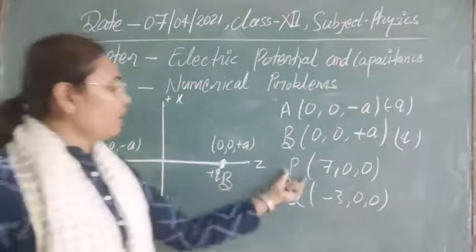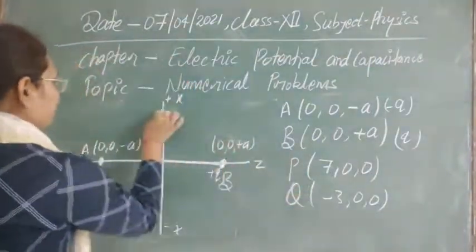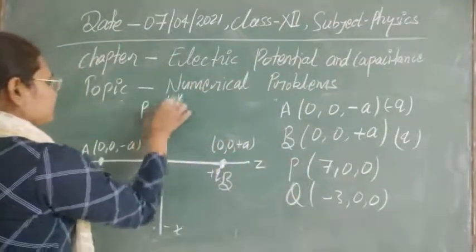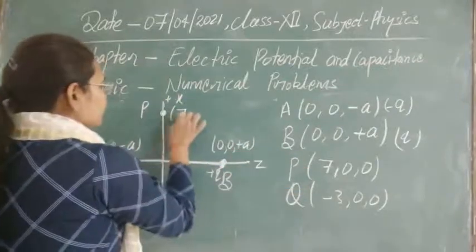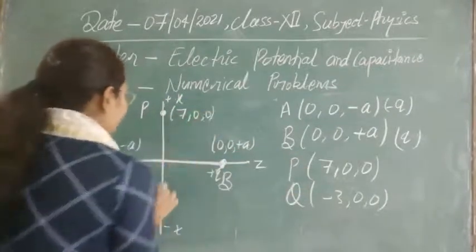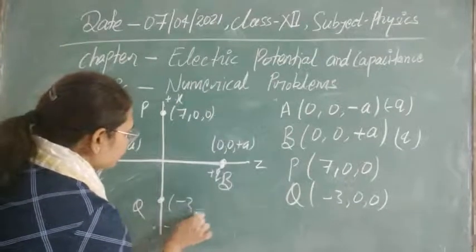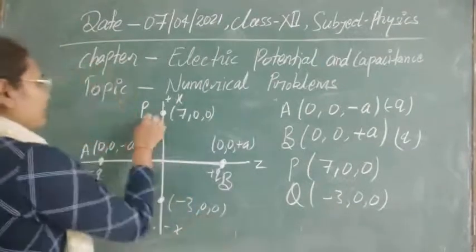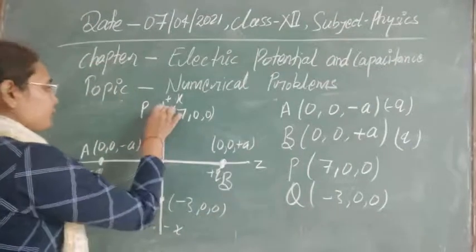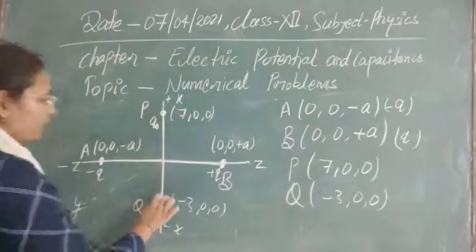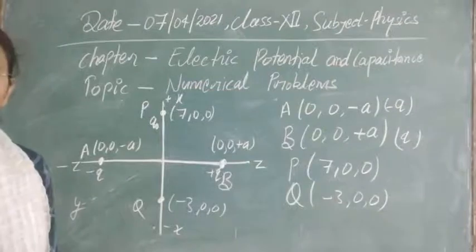Now we have two points P and Q. Point P, if you draw, is on the x axis at (7, 0, 0), and this point Q is on the negative x axis, at (minus 3, 0, 0). We are moving a test charge q0 from this point P to point Q, and then we have to calculate what will be the work done.